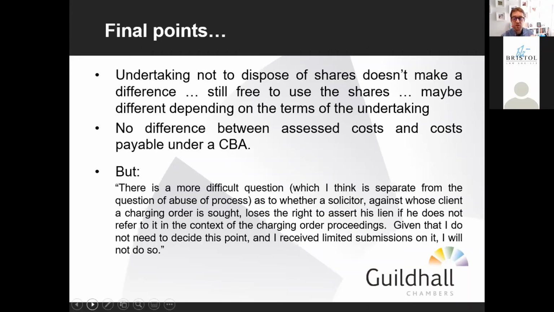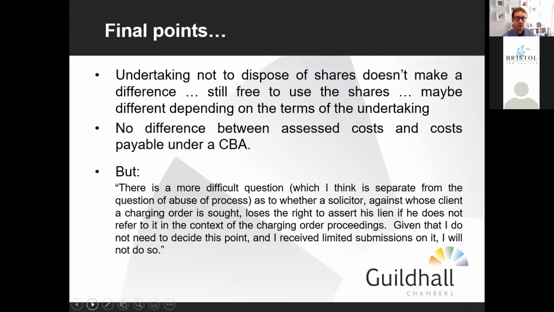The first of which is you may have wrinkles in cases where money has been paid to the order of the court. There is a line of argument which says if money is subject to an order of the court, or the court's order in terms of its release, it ceases to become a litigant's money absolutely.